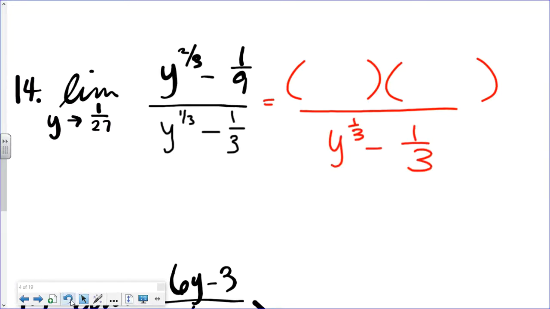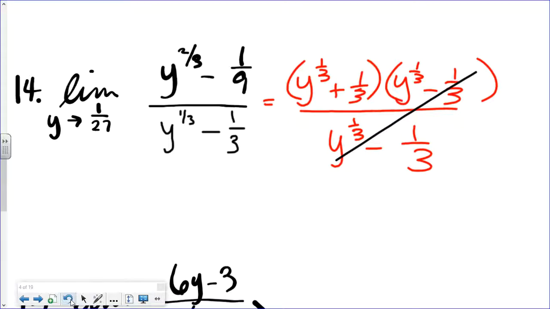Okay. So what's the square root of y to the 2/3? What's the square root of 1/9? 1/3. Put in 1/27th.